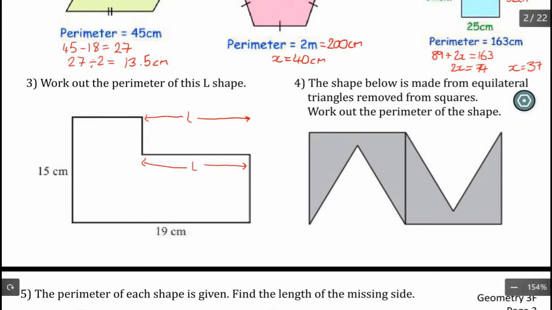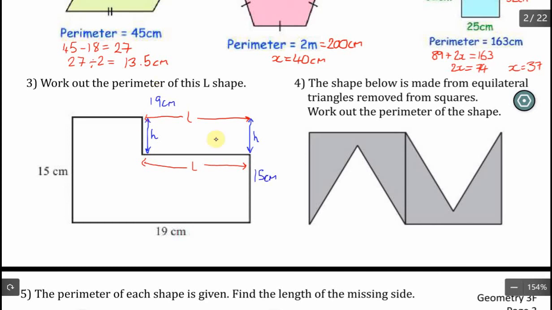And if we were to do the same with this bit here, let's call that H. Well, if I moved it across to here, it would also be H. So if this was a full rectangle, it would have the same perimeter as this shape that's kind of two rectangles put together. So the overall perimeter is just 2 lots of 19 and 2 lots of 15 added together.